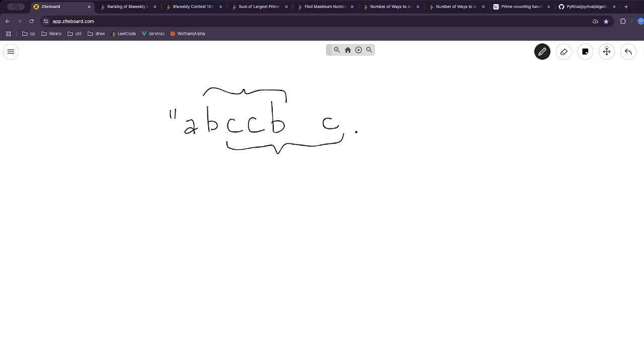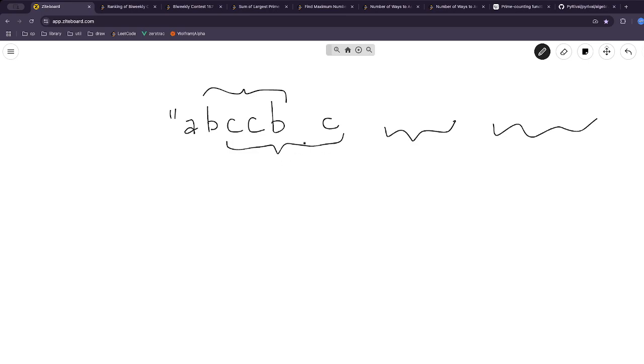And this is the optimal solution, right? So you have this thing, and maybe here you have another one and another one and so on, and you get three substrings, and that's the optimal, right?